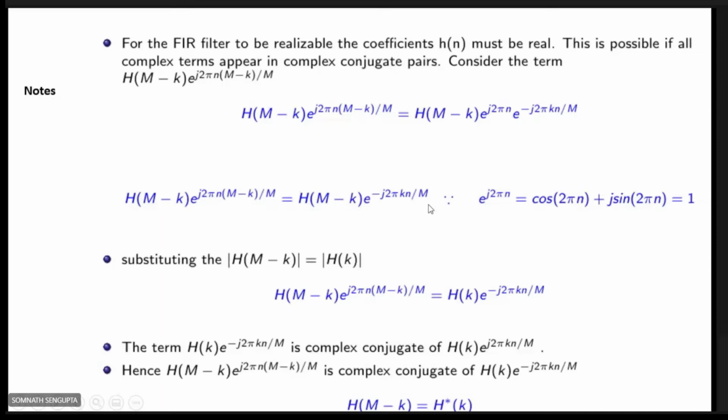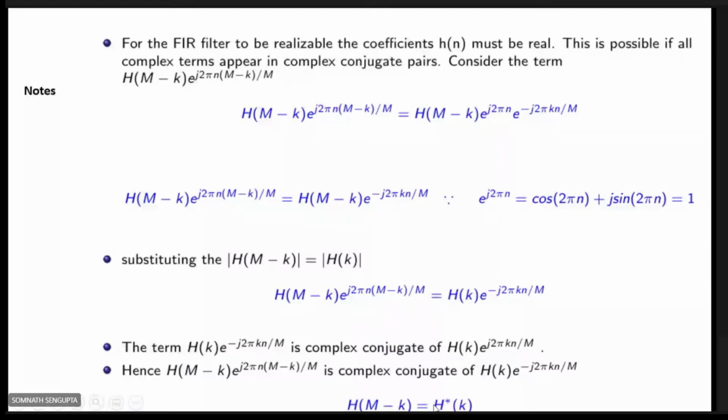Now, if you assume h m minus k is equal to hk, then h m minus k e to the power j 2 pi n m minus k by m is the complex conjugate of hk e to the power minus j 2 pi k n by m, so these will cancel each other.